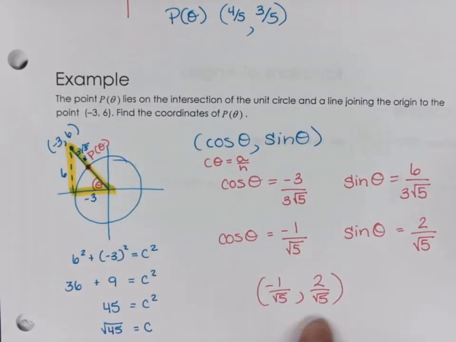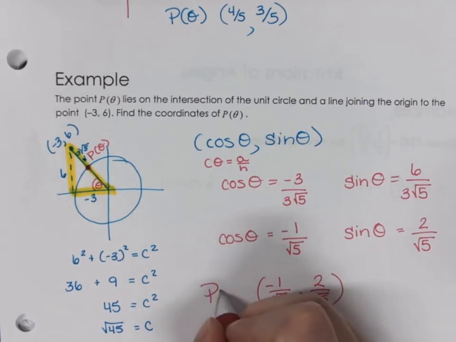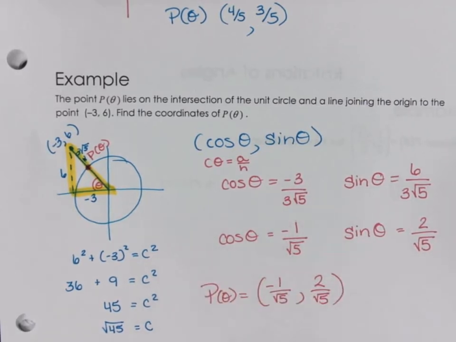Coordinates? Found them. Madison's like, finish the question before you move on. I thought I did. I'm sorry. But I put them in brackets. Oh, you didn't put the P theta. Okay, sorry. Yeah, put P theta.